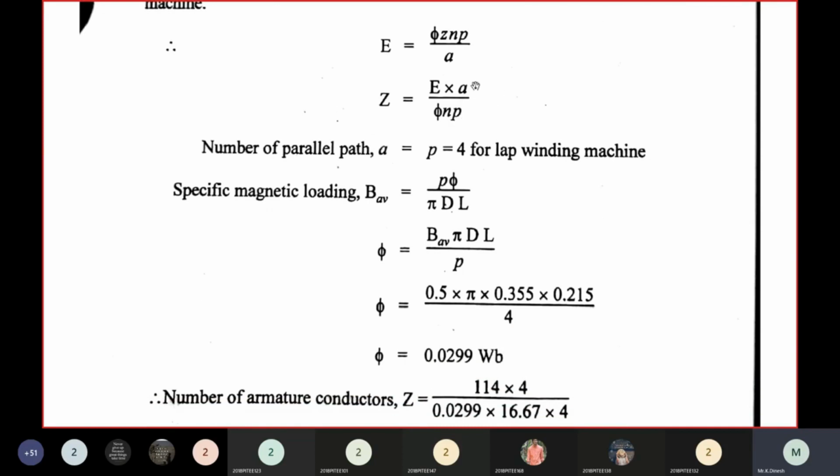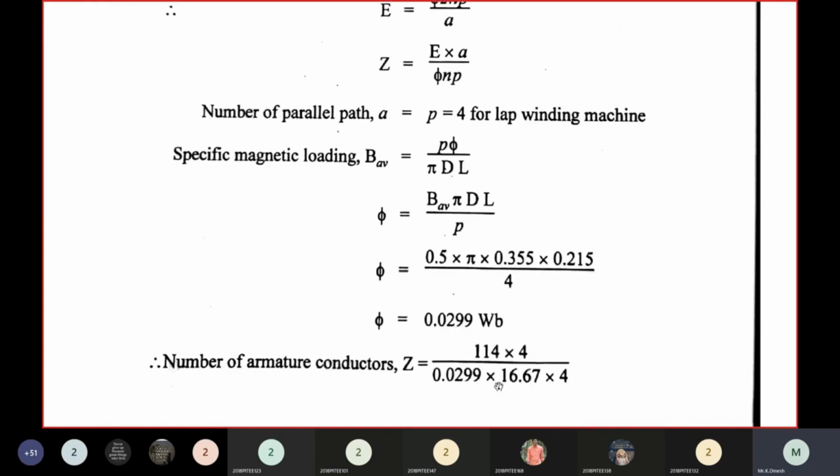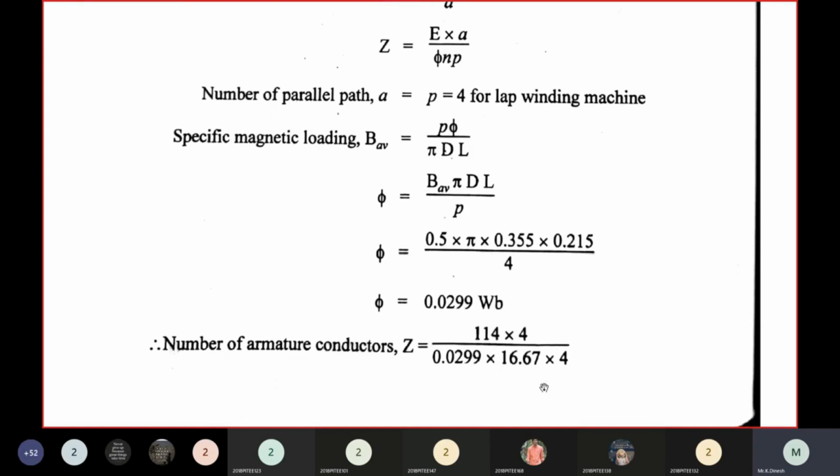Z equals E_A by phi N P. So A and P get cancelled. E by phi n, correct? So 114 by 0.0299 into 16.67. So what do you get? 114 divided by 0.0299 into 16.67.